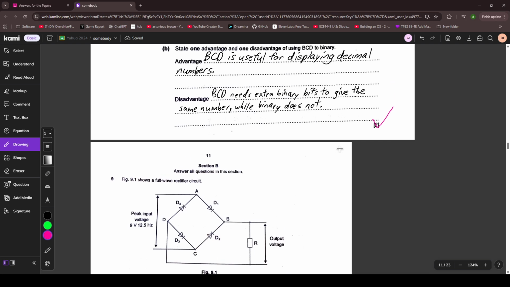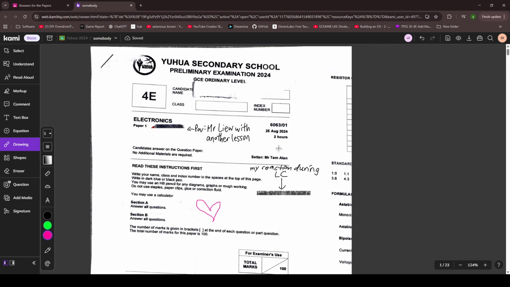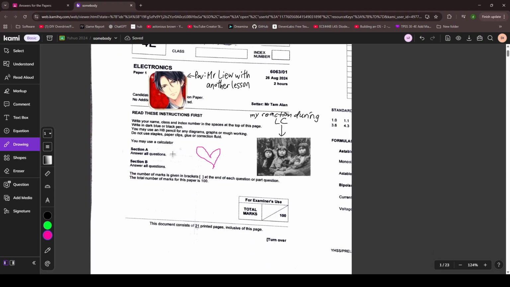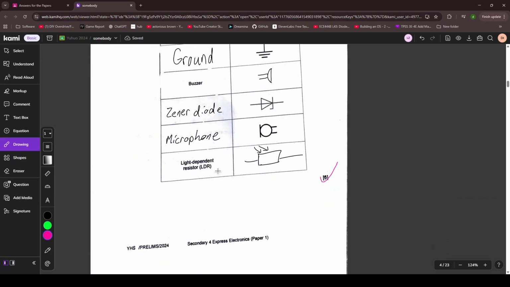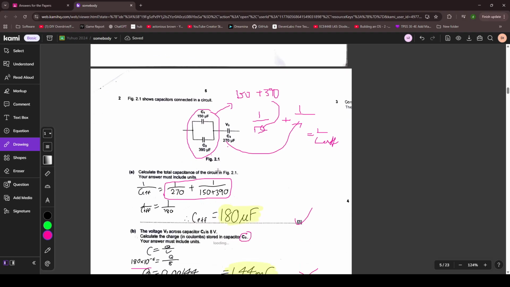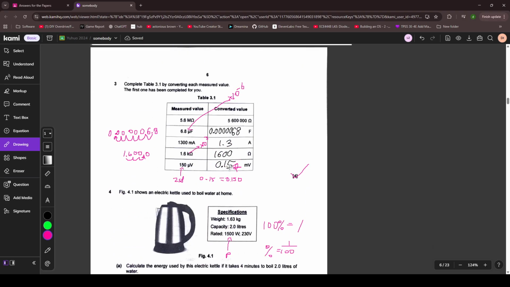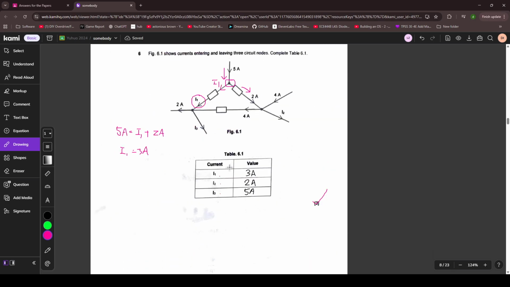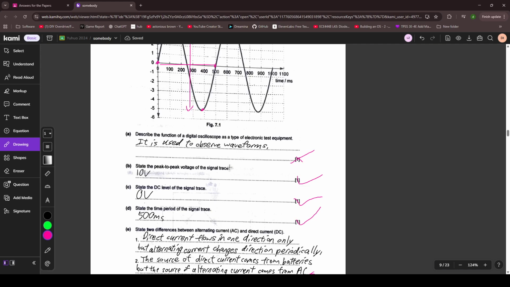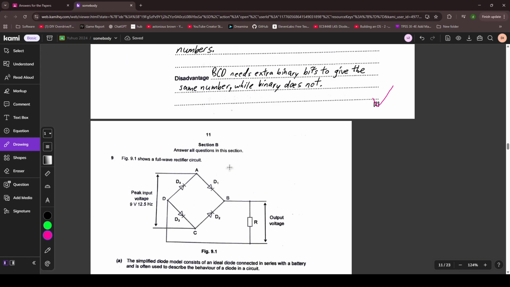Okay, and then there's section A. Before I move on, let me sum up your marks for section A. 6 plus 3 plus 1 plus 4 plus 2 plus 2 plus 2 plus 1 plus 2 plus 3 plus 1 plus 1 plus 1 plus 1 plus 4 plus 2.